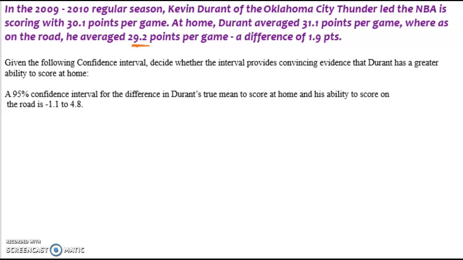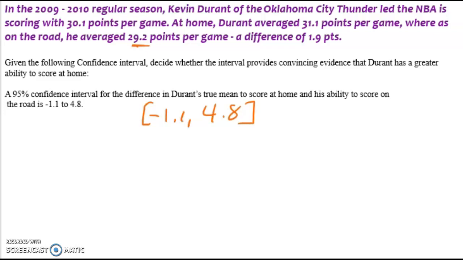But then when we calculate our confidence interval, which again, you will learn how to do, we state that a 95% confidence interval for the difference in his true mean at home and away is from negative 1.1 to 4.8.